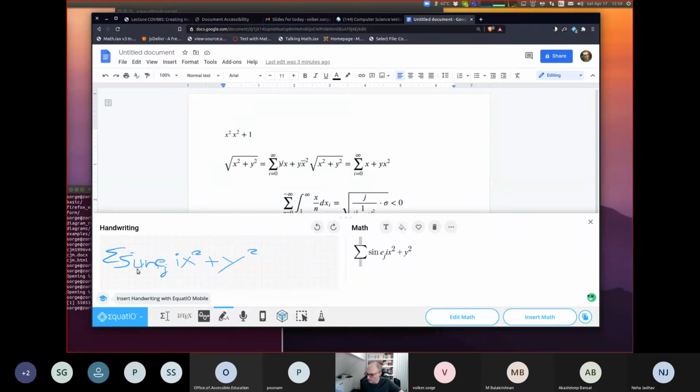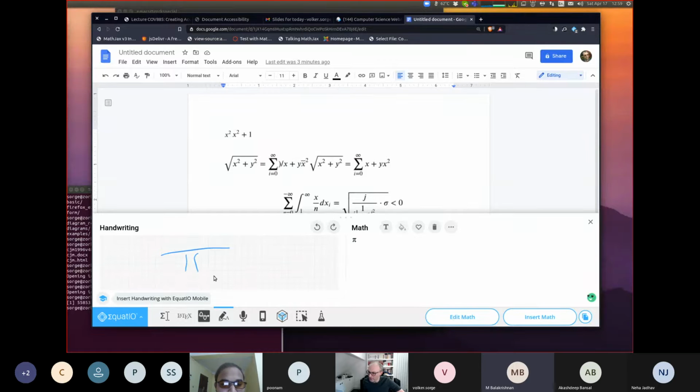What about that? Well, the last time what happened, Volker, was that after you put that j square, it actually removed that product sign. Yeah. So it actually changed that product sign to a square root, a complete square root, after you put the j square. Otherwise, initially it was fine. So now that's a pi, right? i equals 0 to infinity. Let's see.